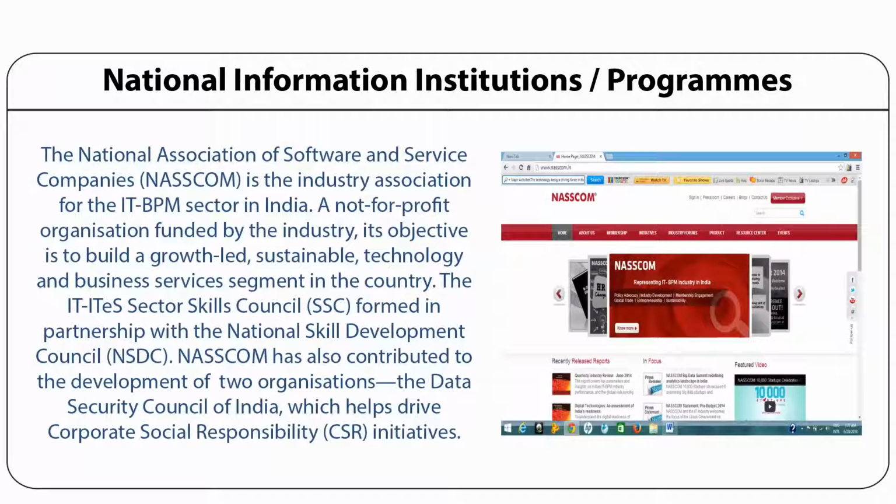The National Association of Software and Service Companies, abbreviated as NASSCOM, is the industry association for the IT-BPM sector in India, a not-for-profit organization funded by the industry. Its objective is to build a growth-led sustainable technology and business services segment in the country.